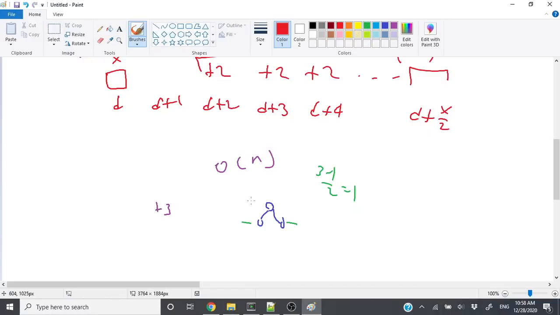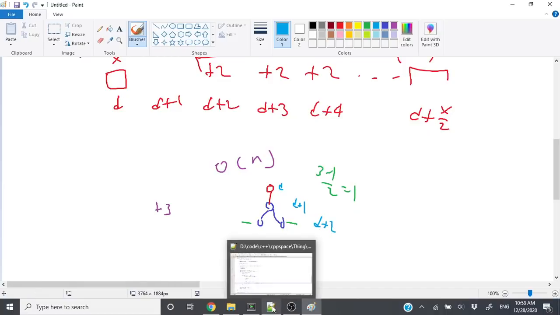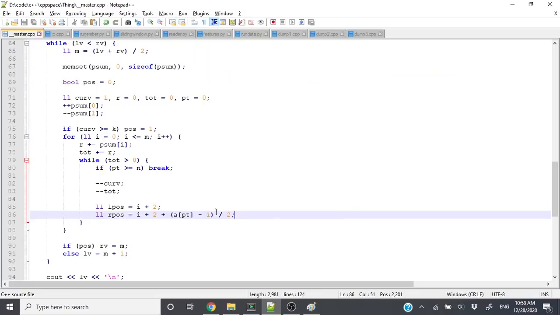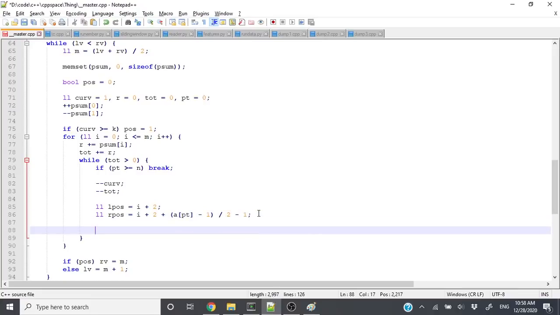Because this is the thing from the tree we're killing. This is depth D. This is D plus 1. This is D plus 2. So we start gaining things at D plus 2, and we stop at D plus 2 plus this. So I'm going to make that inclusive.